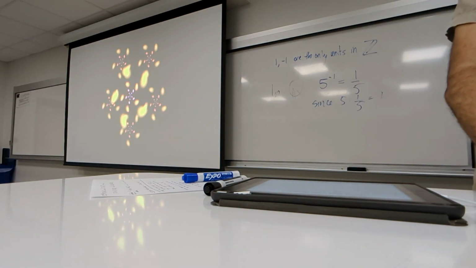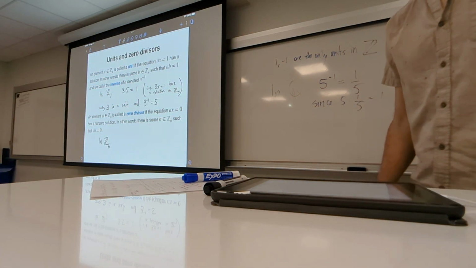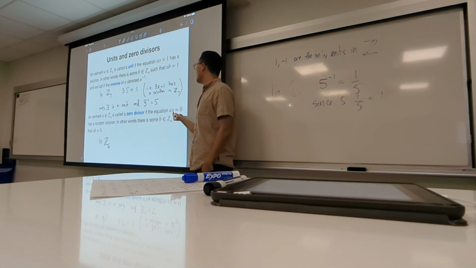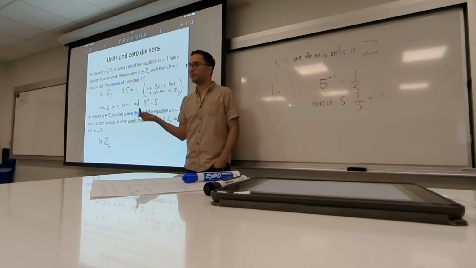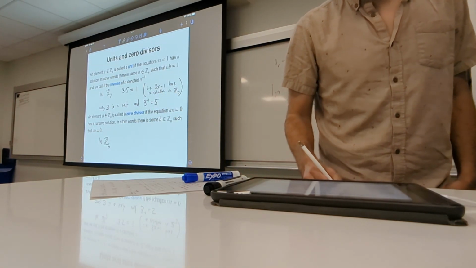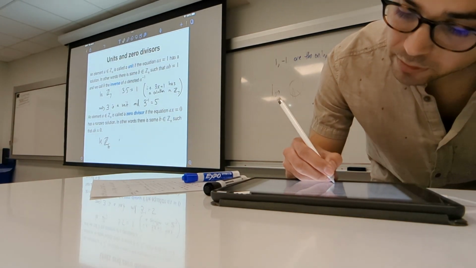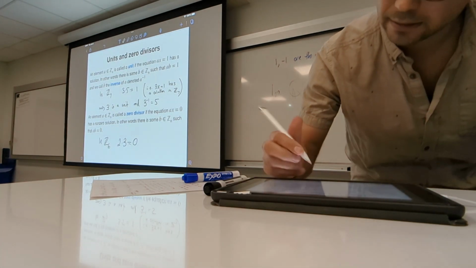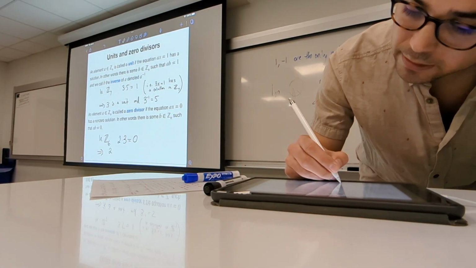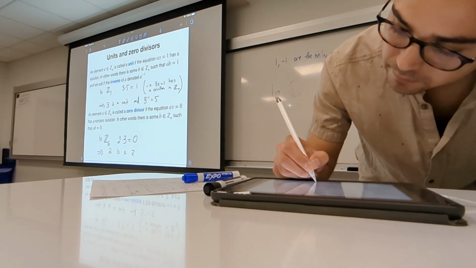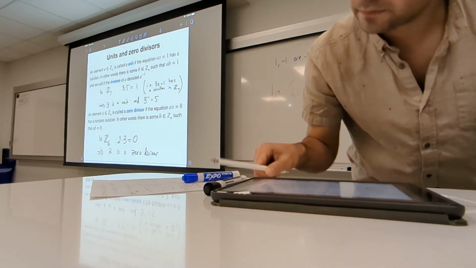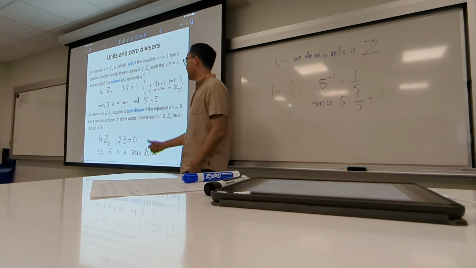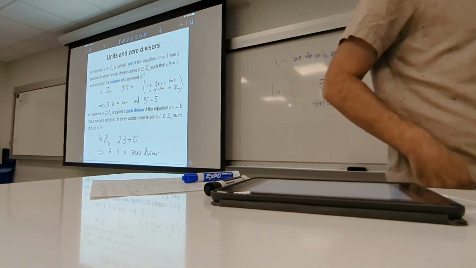In that Z mod 6 example, we can ask which elements were things we can multiply by something else and get a 0. I'll give an example of a 0 divisor: 2 times 3 is equal to 0 in Z mod 6. So that implies that 2 is a 0 divisor.